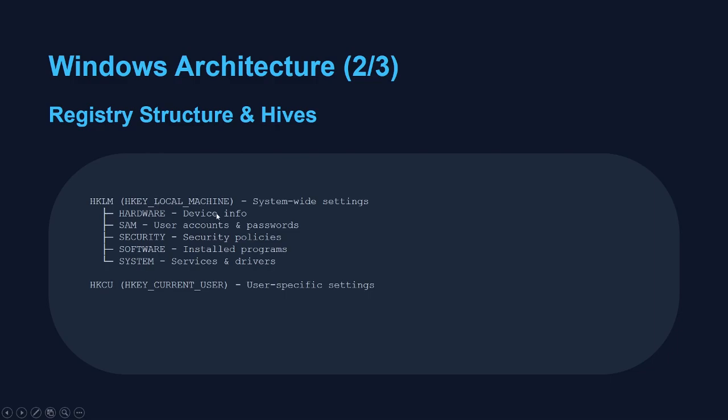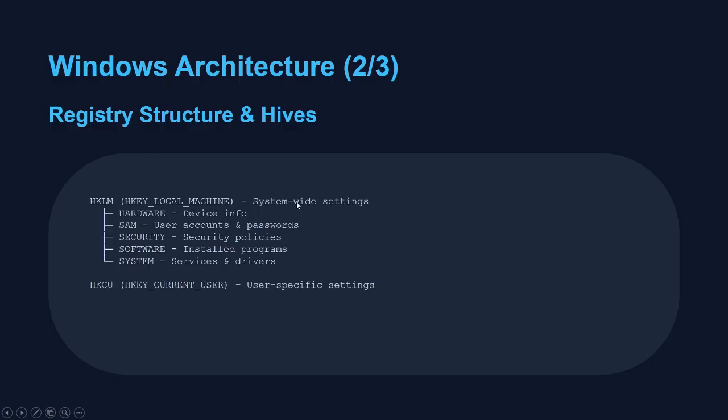Here we have HKLM. We are going to talk about this because this is actually very useful to help us in the coming videos. We have registry. We have system-wide settings here, where it's located in the HK local machine, HKLM, HKCU current user specific settings.